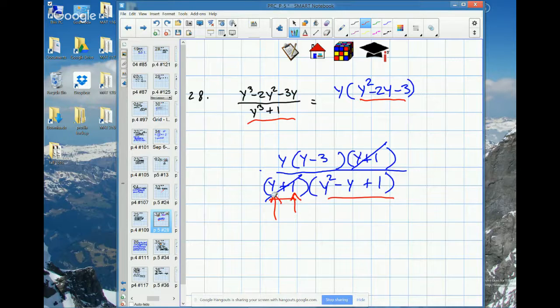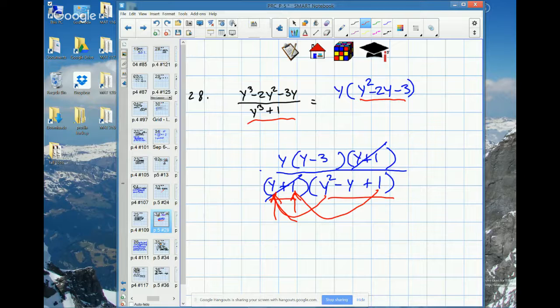This guy squared is y squared. This guy squared. Take the product of the two: y times 1 is y, and this sign is always the opposite of that one. Well, guess what? The factoring helped, because now the y plus 1s can be canceled.